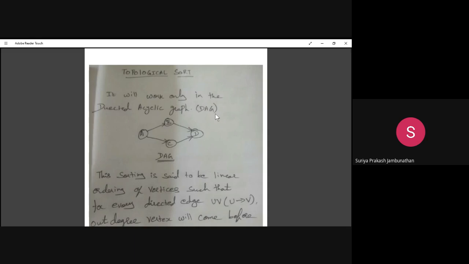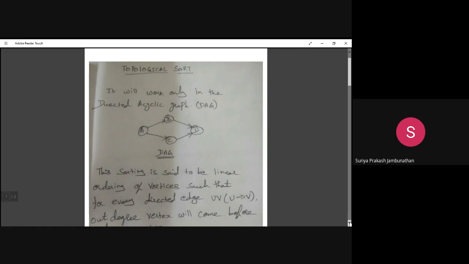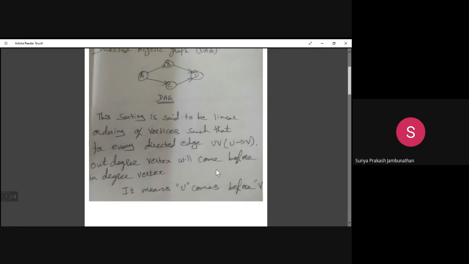For every directed edge going from U to V, whatever the two nodes we have, if it is considered as U and V, from U we are going to V, then the out degree vertex will come before the in degree vertex. That means U will come before V. So if A goes to B, then we have to write A first, then only B. This is the first rule when you go for topological sort.